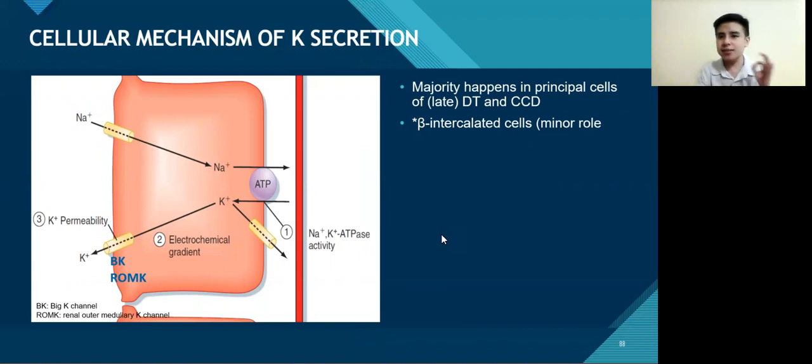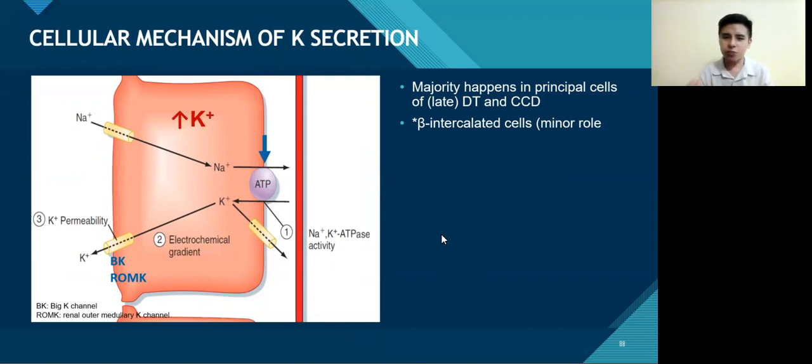So what is the step-by-step mechanism for potassium to be secreted properly? First, the sodium potassium ATPase should be activated. Once this is activated, more potassium will go inside the cell, and more sodium will be reabsorbed. Because of that, there will be accumulation of potassium inside the cell.